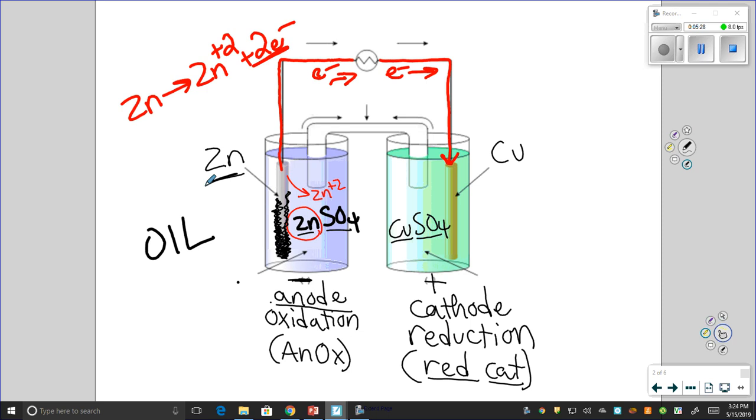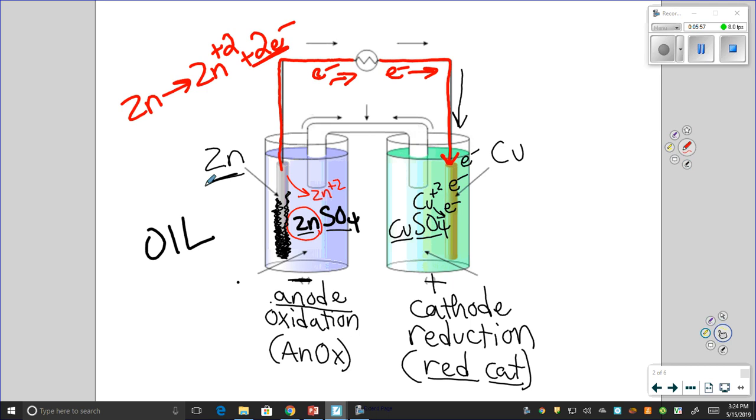Let's come over to this side. We've got our electrons going down here to our cathode. And when they reach the copper cathode, they come onto the copper cathode and they start building up a little bit of a negative charge. When that happens, our Cu2+ ions are attracted to that and they end up attaching to the outside of the copper cathode.